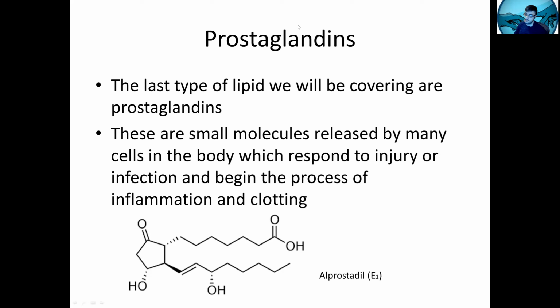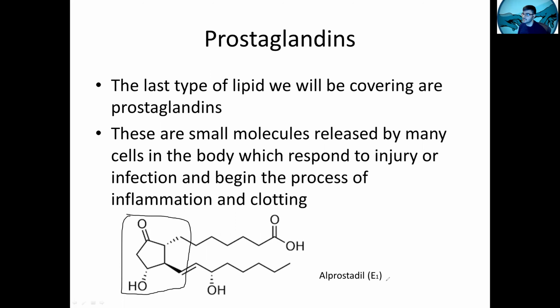Again, always for lipids, the main thing to look out for, and the main thing that'll usually be different, is this backbone part. This one is alprostadil, which is E1 in the cycle.